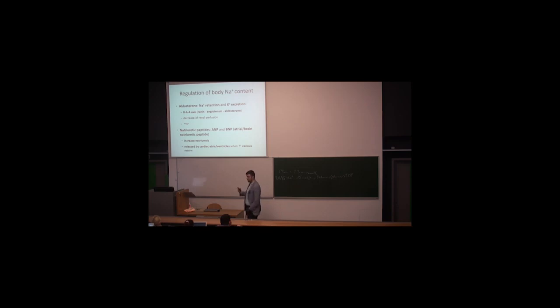So if we take a basic experiment, if you increase the fluid in extracellular space, that means inside your blood vessels also, you will have higher venous return. That means more blood will come to the right heart. This will lead to expansion of the right heart, and as the result, you will have increased tension in the heart wall. This increased tension is the signal for the secretion of the natriuretic peptides.